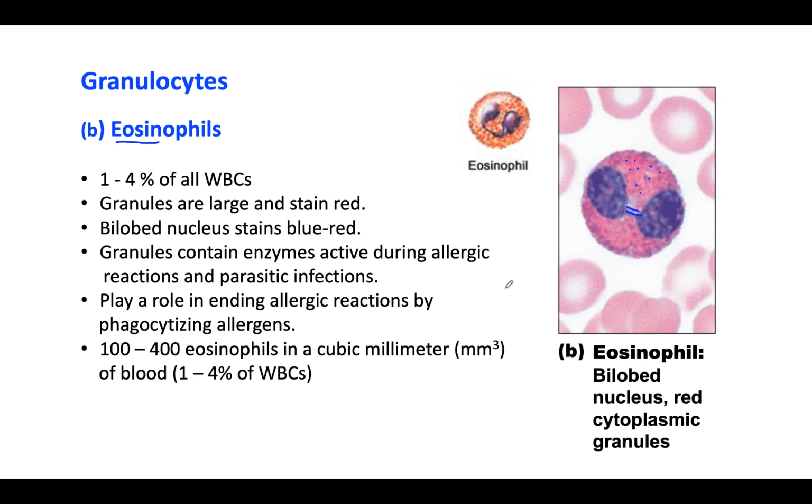In spring, some people have a sensitive allergy to pollen powder. At that time, eosinophils secrete some enzymes during the allergic reaction. Chemicals released by eosinophils are also involved with the destruction of certain worm parasites. So eosinophils play a role in ending allergic reaction by phagocytizing allergens.